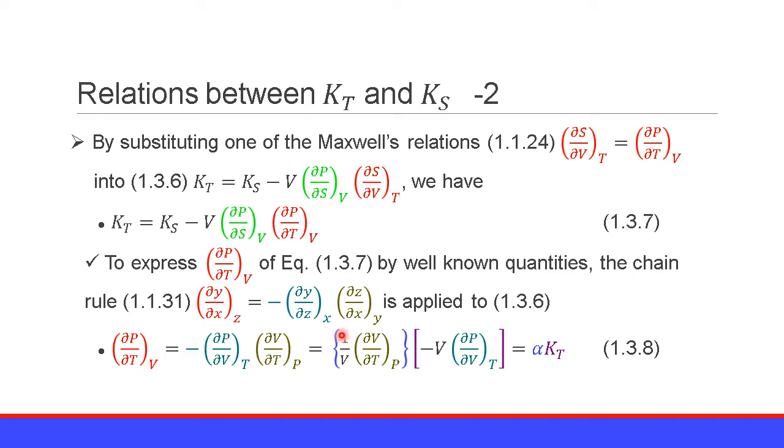minus ∂P/∂V at T times ∂V/∂T at P, which is equal to 1 over V times ∂V/∂T at P times minus V times ∂P/∂V at T. Then the former factor is the thermal expansivity, and the latter factor is the isothermal bulk modulus.